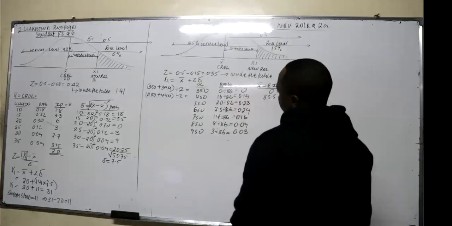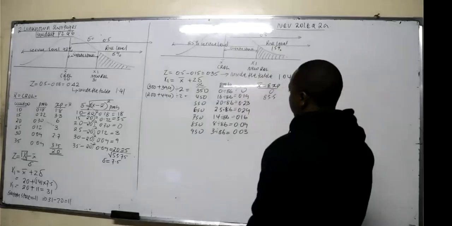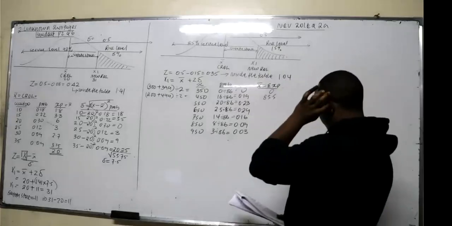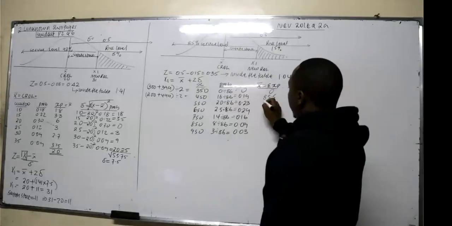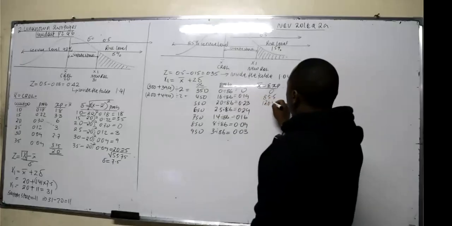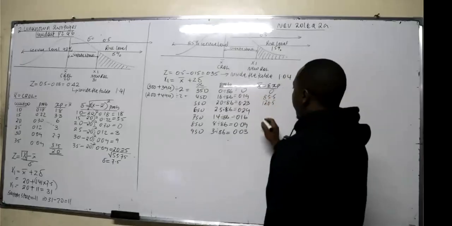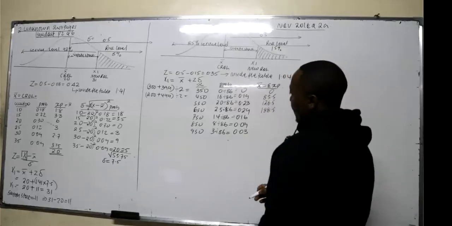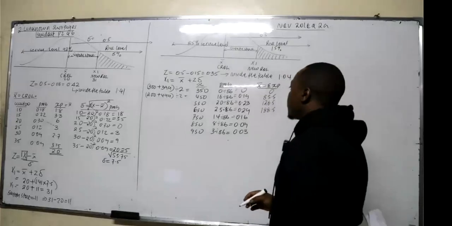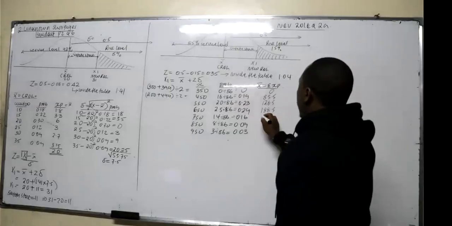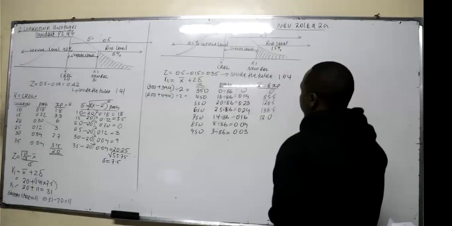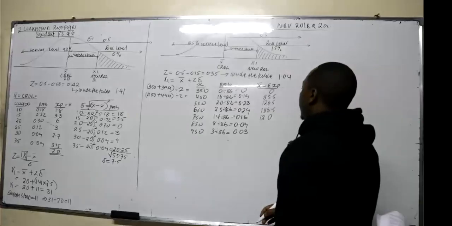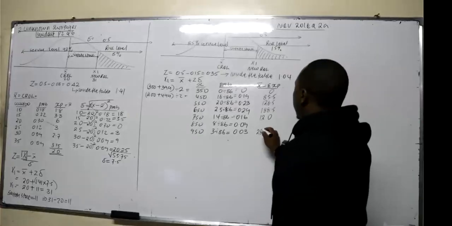85.5. 126.5. 188.5. 120. 70. And the last one is 28.